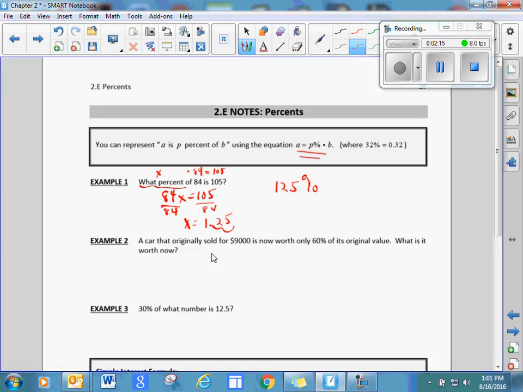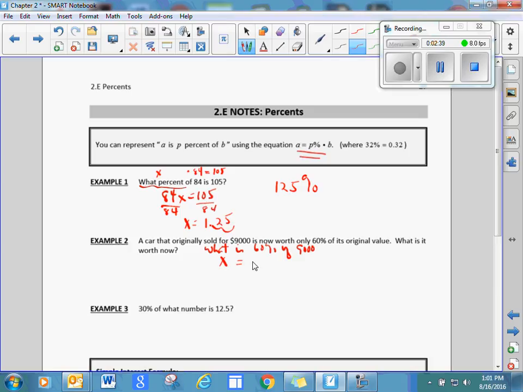So if you write that as a math equation, what is 60% of 9,000? There's your variable, there's your equal sign. 60%, we need to turn this into a decimal. We can't do a math operation with a percent sign. It's got to be either a number, a decimal, or a fraction.